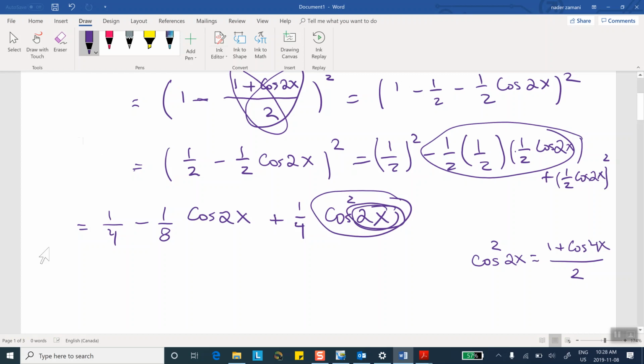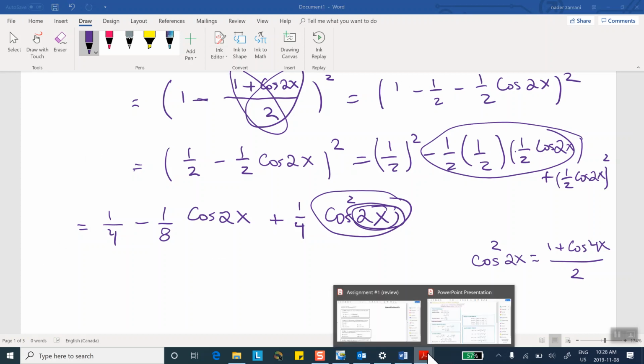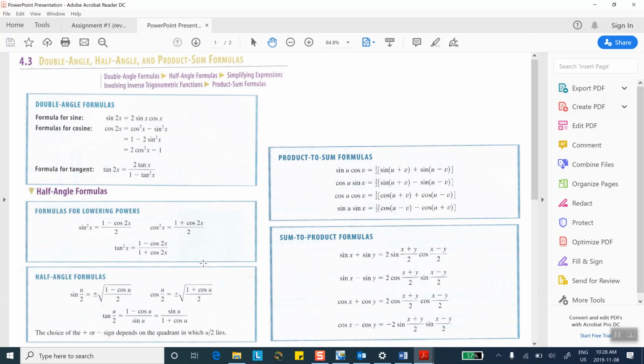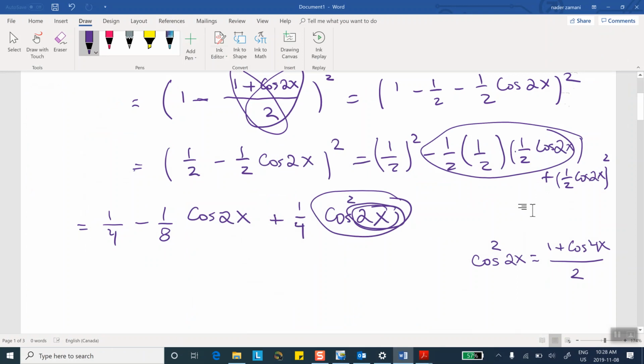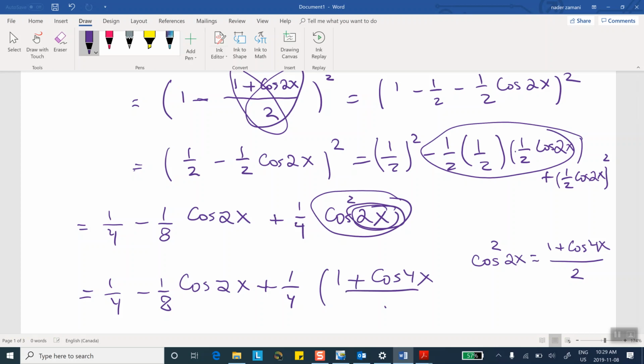This is the same formula that you saw here, except that instead of x, I have 2x. If I put a 2x here, this becomes 4x. And so this is equal to 1 over 4 minus 1 over 8 cosine of 2x plus 1 over 4 times 1 plus cosine of 4x divided by 2.